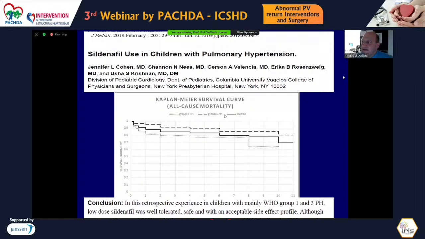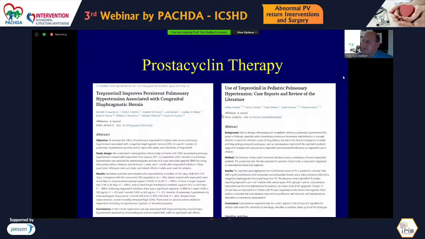Our third class is our prostacyclin pathway, and our prostacyclin group are typically reserved for patients with severe pulmonary hypertension or have been refractory to the other two classes. This can be used in the acute setting for persistent pulmonary hypertension of the newborn. It can be used for postoperative pulmonary hypertension as well after cardiac surgery, or after diaphragmatic surgery.